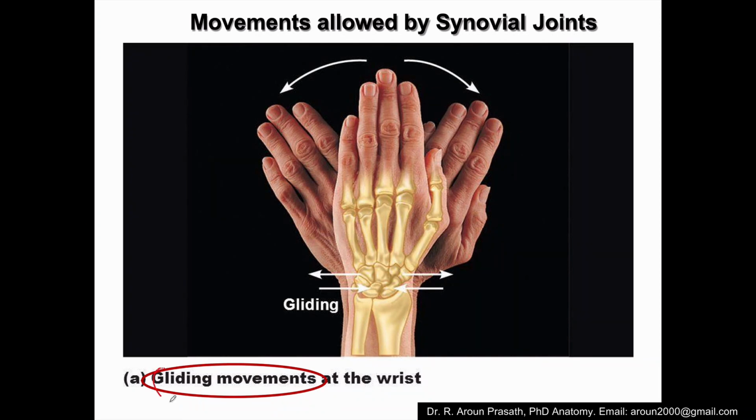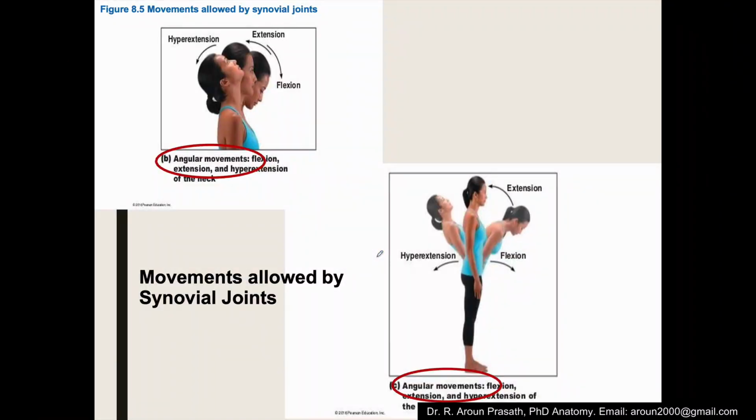One is gliding movement, which takes place between the wrist bones, that is, the carpal bones. Next are angular movements, which take place in the spine, the cervical spine. Hyperextension and flexion take place in the lumbar spine here. These are all called angular movements.